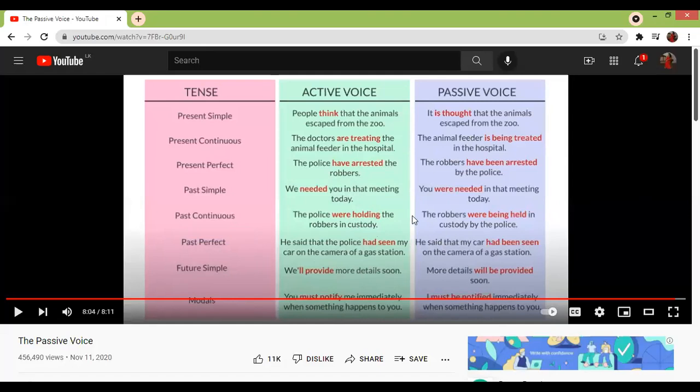Then if we make it into passive voice, we have to say, I must be notified. It is compulsory. Yes, I must be notified immediately when something happens to you, right? So that is how we basically make passive voice sentences.